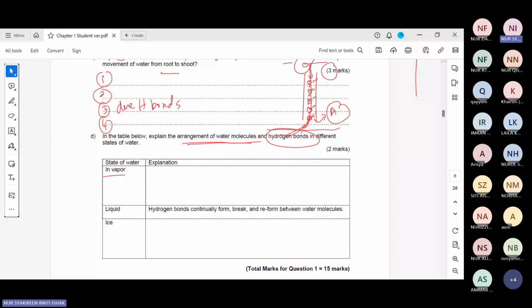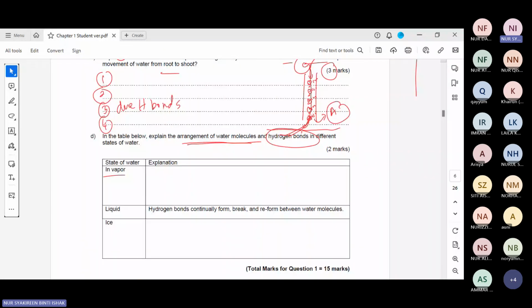So the water molecules in vapor state or gaseous state will be further apart. The water molecules are free to move. Okay, so therefore the hydrogen bonds between water molecules are easily broken.